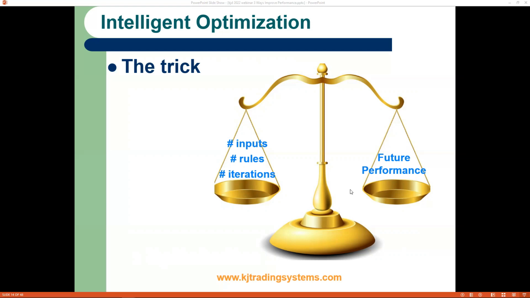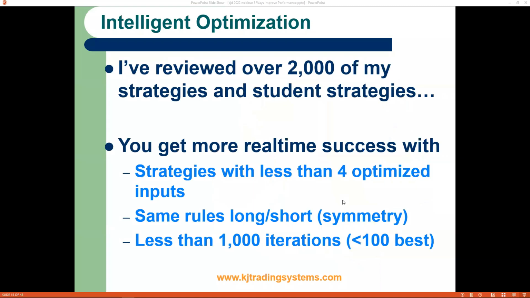So what you want to do is you want to keep this in balance where you don't use too many rules, and then your future performance is better. And that's the trick. And I can say it's pretty hard to follow. So I'm going to give you some specifics on this to help you out, because more is not better.